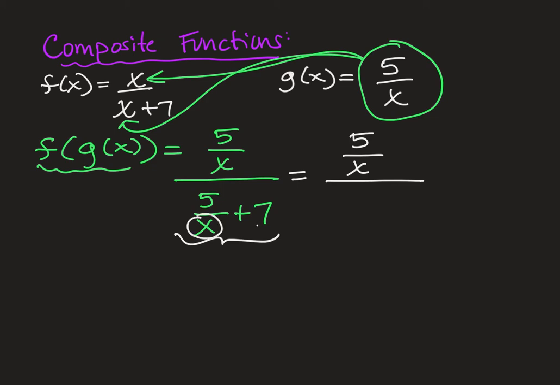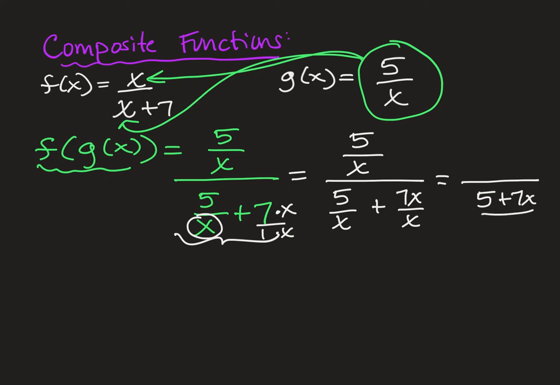So I have to rewrite this 7 over 1 as a denominator of x, which means I've got to multiply the top and the bottom by x. So let's see what that will look like. It's going to be 5 over x plus 7x over x. So now at least we have a common denominator on the bottom, so we can rewrite that as one fraction on the bottom, 5 plus 7x over x.